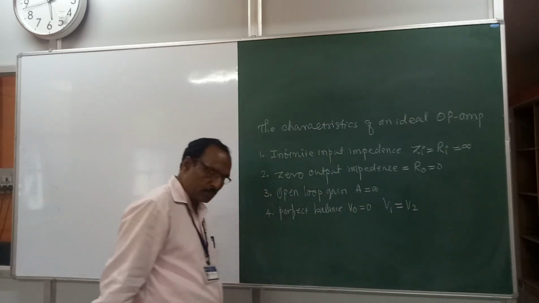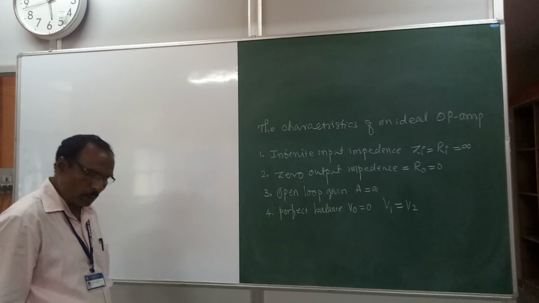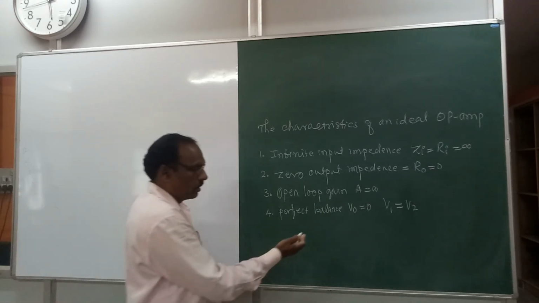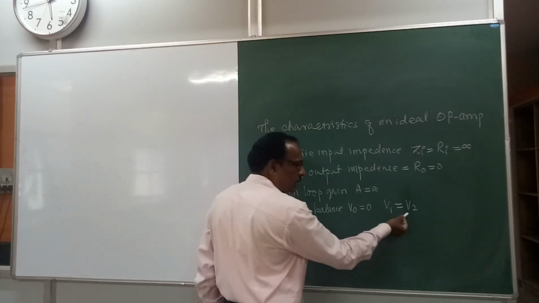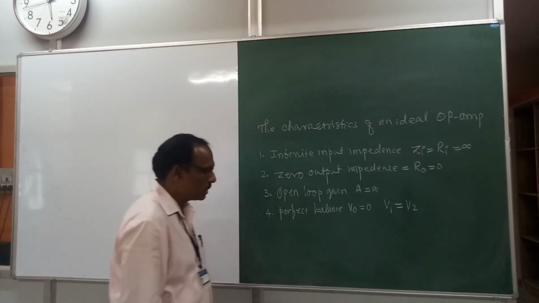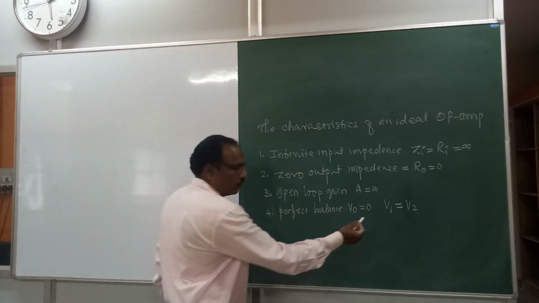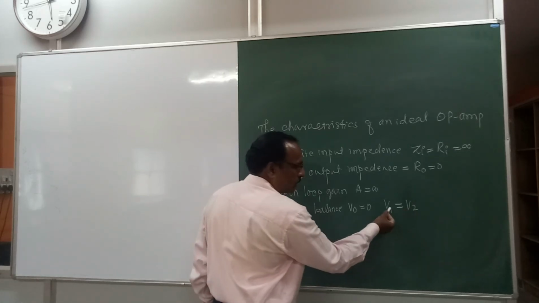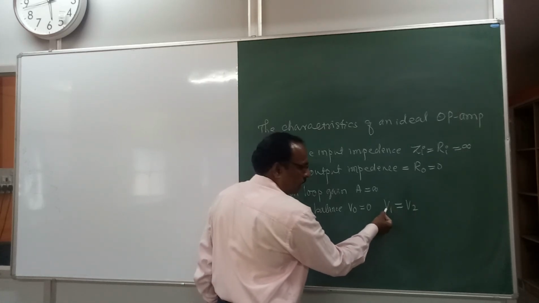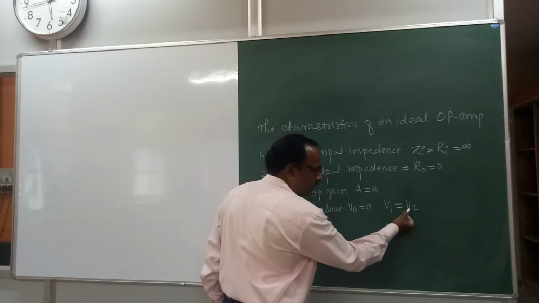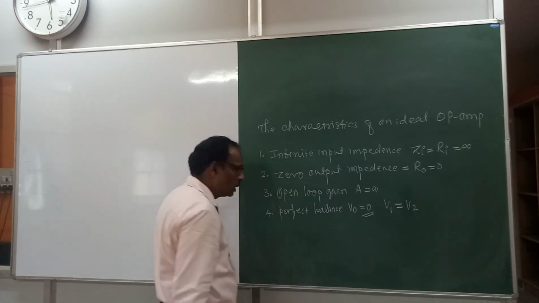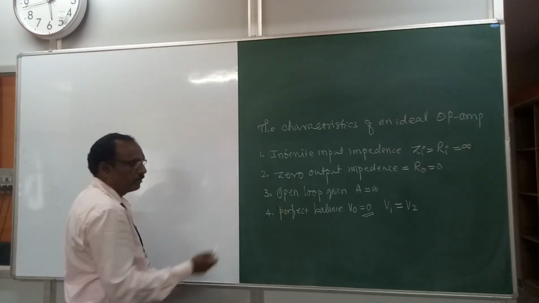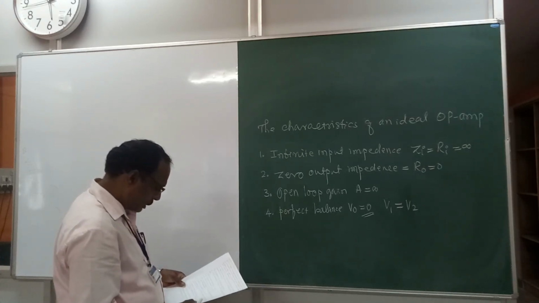We have both inputs, inverting and non-inverting, and in many applications we can study using DC as well as AC. Therefore, if V1 is equal to V2, the magnitude of input at the inverting input and at the non-inverting input are equal, the output will be 0, and that is called the perfect balance characteristic.